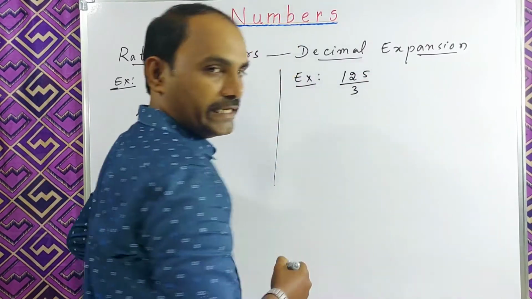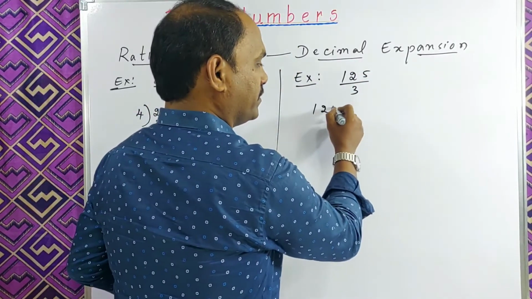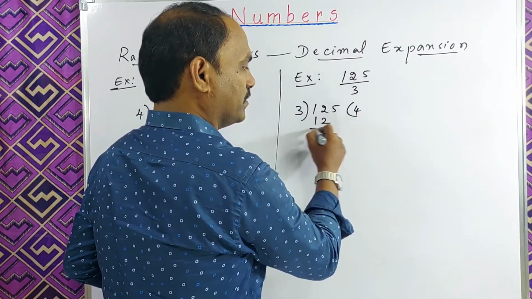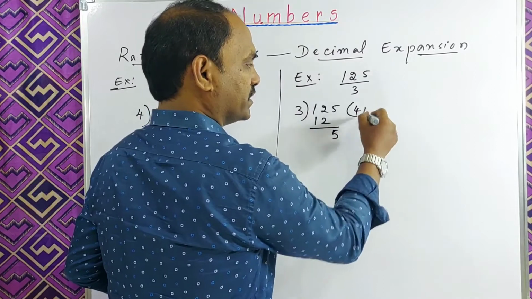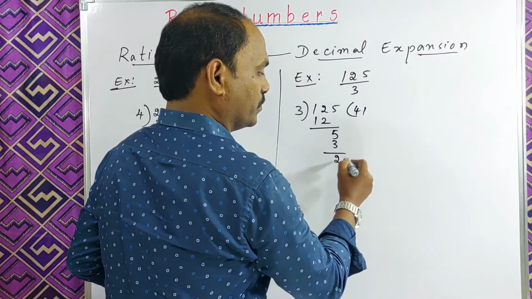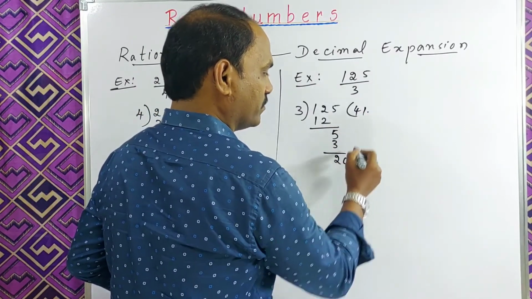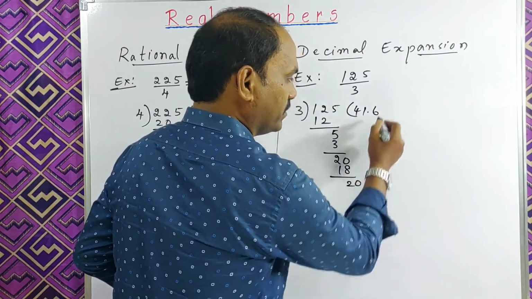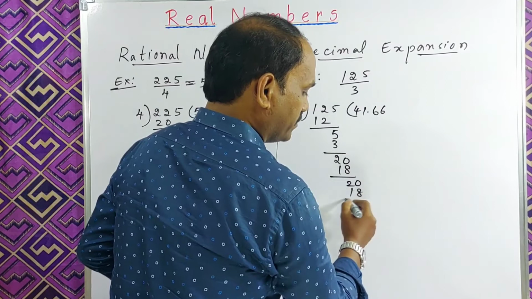Now another example: 125 by 3. Divide 125 with 3. 3 4s are 12, 5 down. 3 1s are 3, 2, 0. 3 6s are 18, 2, 0. 3 6s are 18, 2.